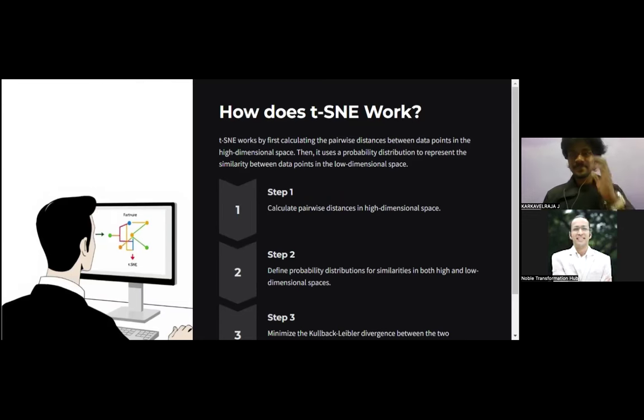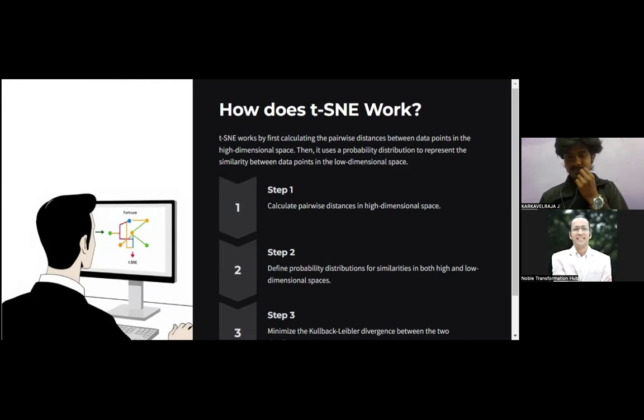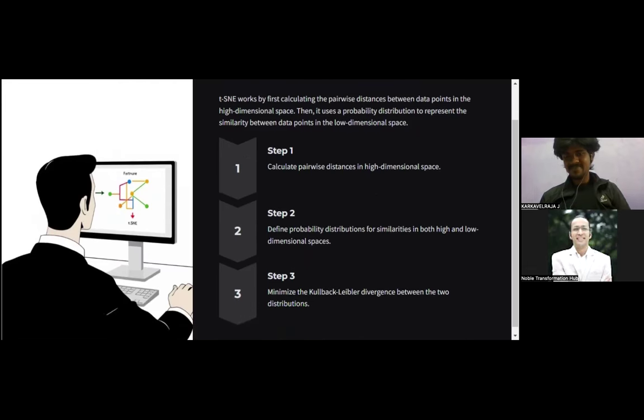So how does t-SNE work? It works by first calculating the pairwise distance between data points in the high dimensional space. Then it uses a probability distribution to represent the similarity between data points in the low dimensional space. So these are the two characteristics of how it works. Step 1 calculates the pairwise distance in high dimensional space. Step 2 defines the probability distribution for similarity in both high and low dimensional space.